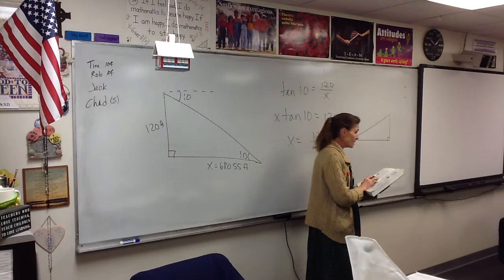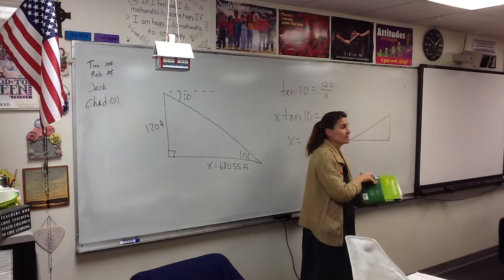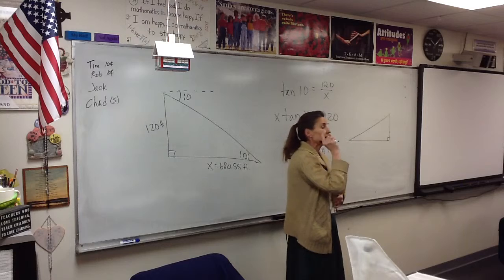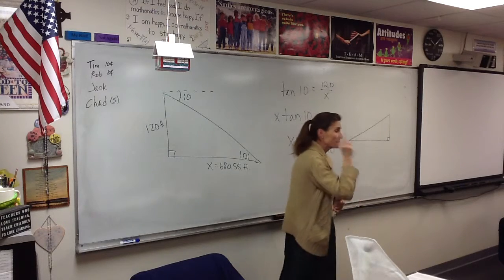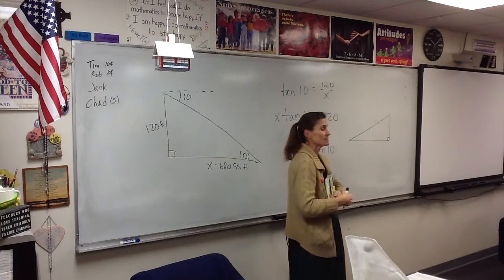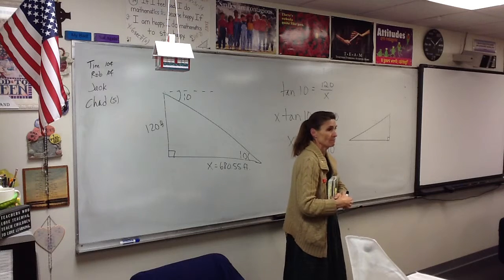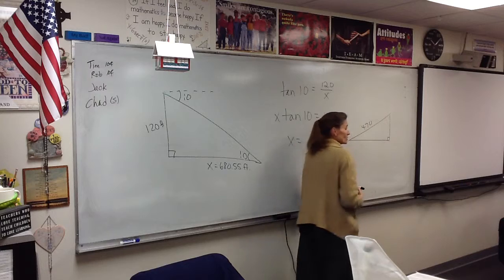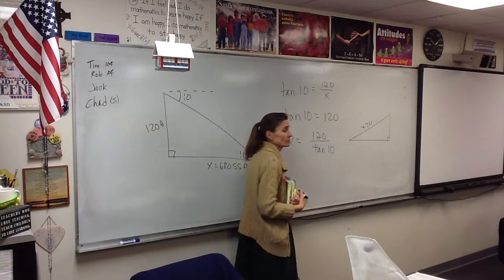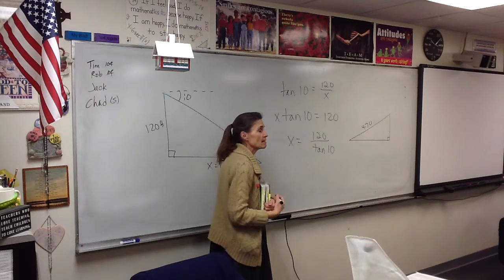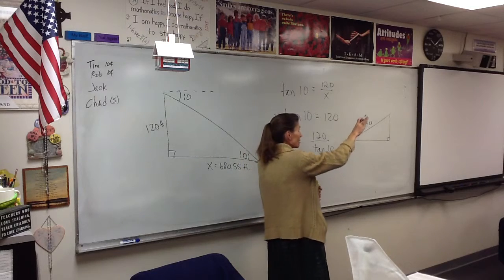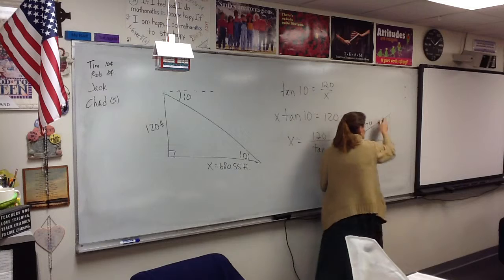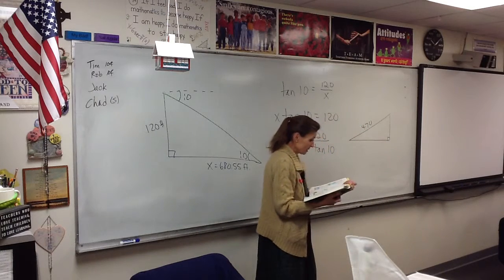The ramp is 470 feet long. Where am I going to put the 470? Literally the ramp itself is 470 feet long. Where does that go? That's the hypotenuse. This is the ramp. If you are driving up the ramp, this is where you are driving, right here. That's 470 feet long.